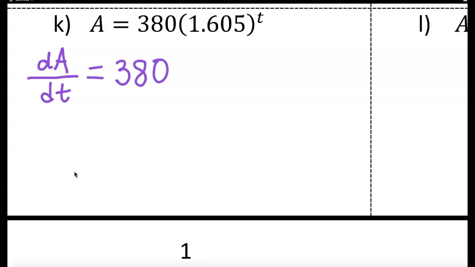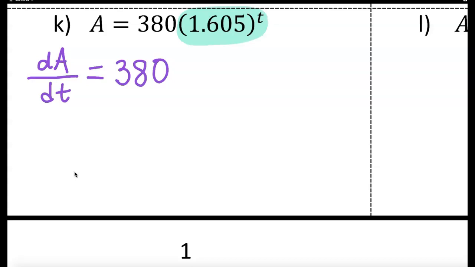Same thing applies. I guess I can say A prime, but I will go ahead and write this as dA/dt. The derivative of A with respect to t is equal to, well, that 380 is just a number, right? So you copy that 380 down. But now that is about to get multiplied by the derivative of 1.605 raised to the tth power.